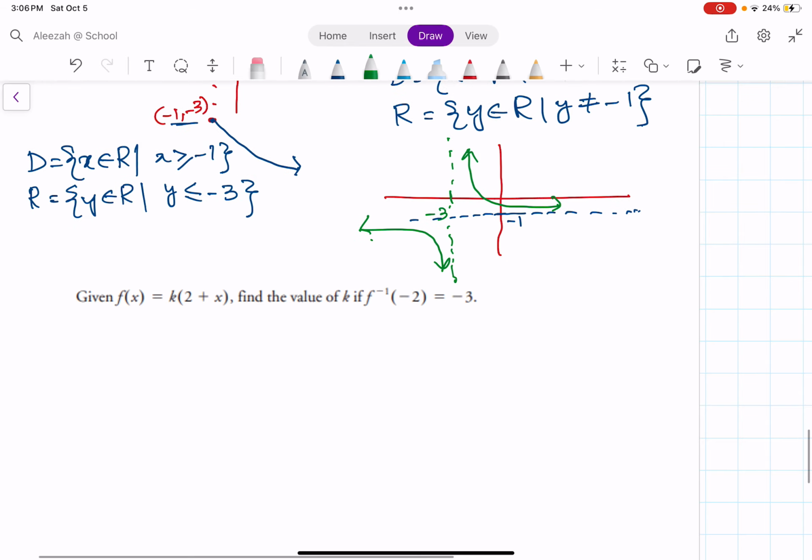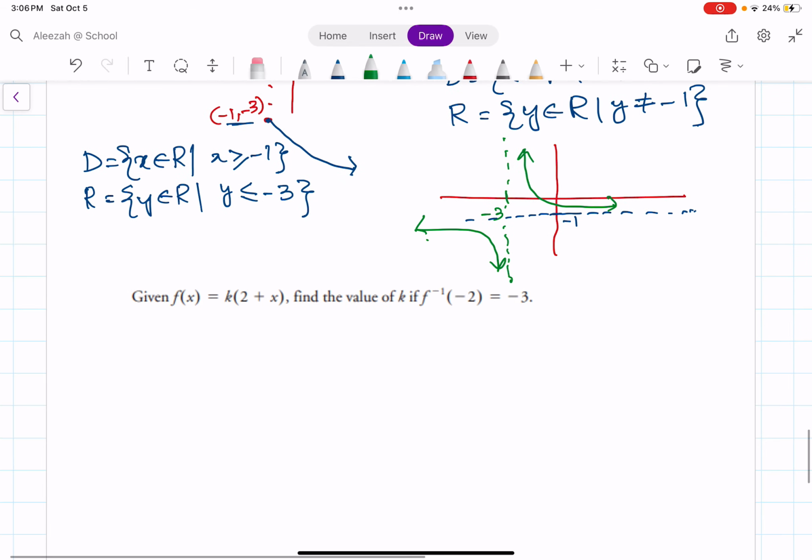Next is a question. For example, given the function, you have to find the value of k if f inverse of -2 equals -3. Here, just look at this. You are given a point on the inverse function, so the point is -2 and -3.